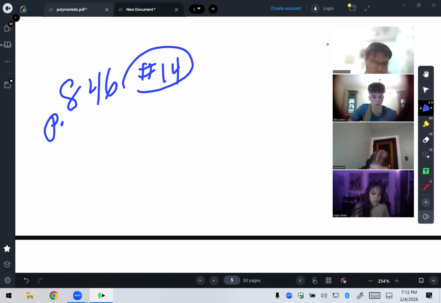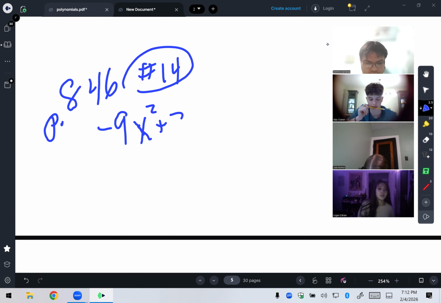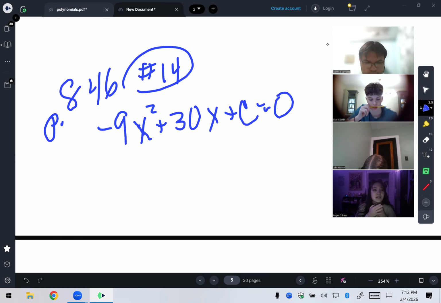So we're going to 846, number 14. Our problem is negative 9x squared plus 30x plus c equals 0. And it says there's one solution.